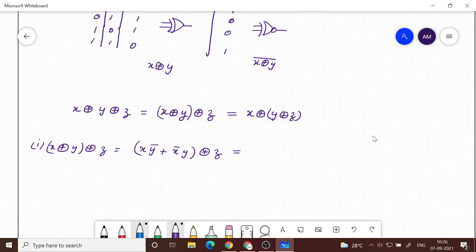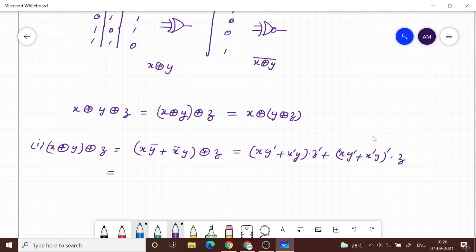Okay, so then what you have to do, you have to basically take the first term and then multiply it with the complement of the second term, sorry, z, complement of the second, plus then complement of the first term into the second term.